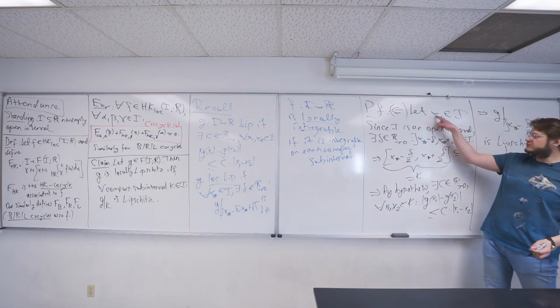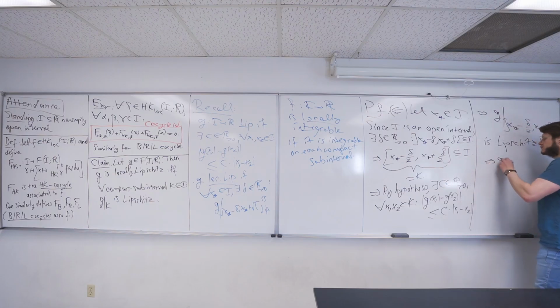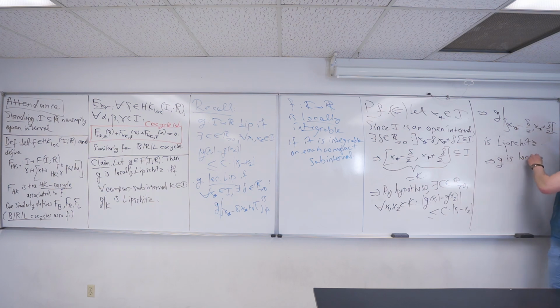And so ultimately, for each x star, I was able to find an open interval containing it, such that g restricted to it is Lipschitz. That's what it means for g to be locally Lipschitz. Okay? This is one side.